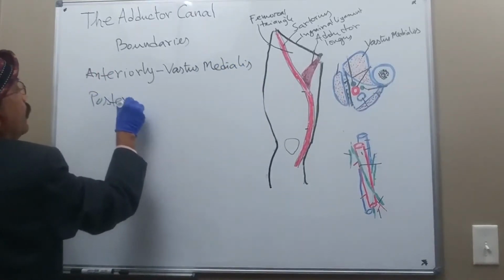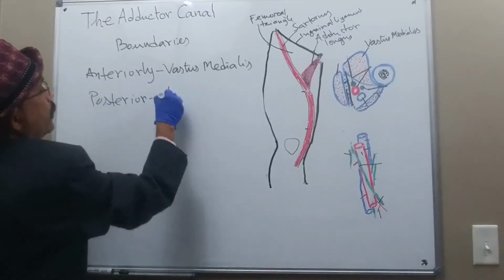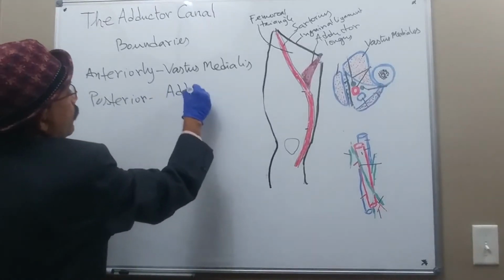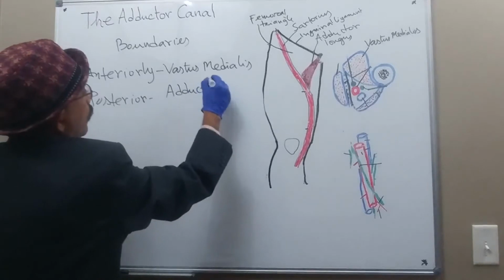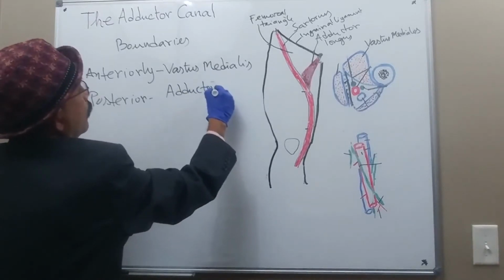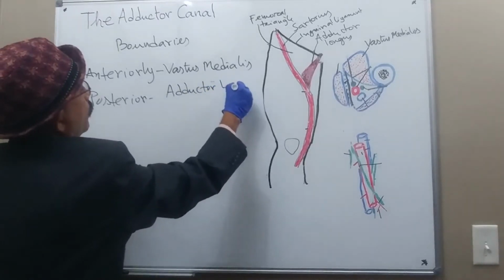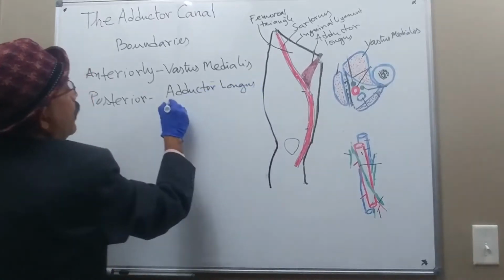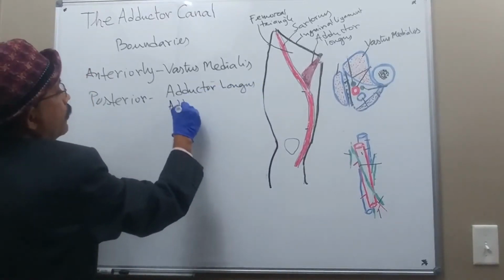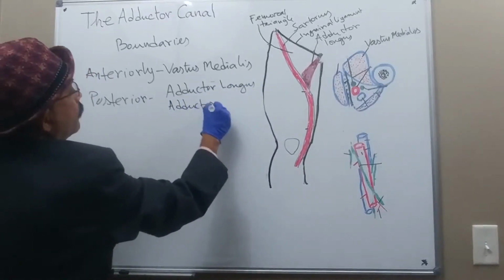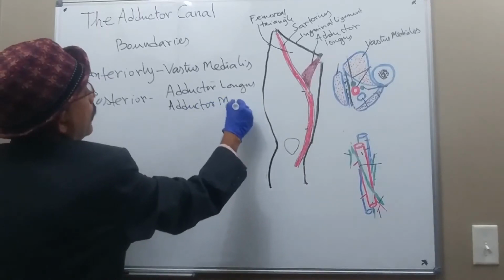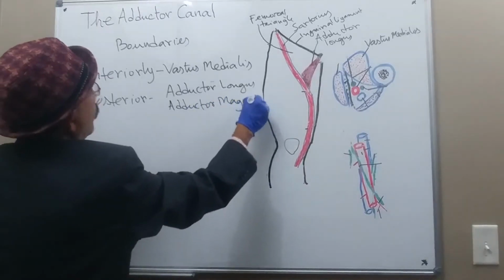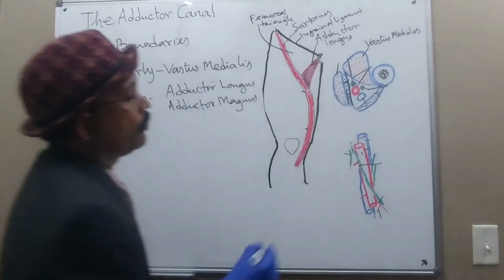Posteriorly, it is bounded by the adductor longus above and the adductor magnus below. Okay, we got the posterior boundary.